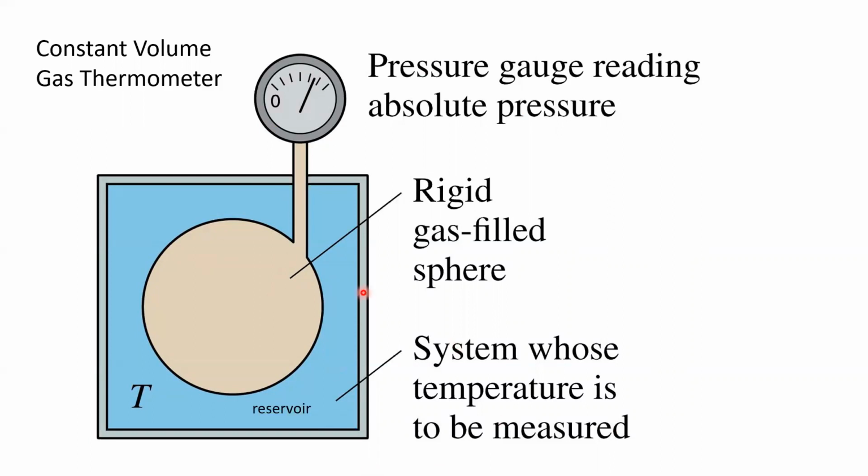And the idea is, because normally when you bring two things into contact, if one is warmer than the other, the hot one will cool, the cool one will warm until they reach an equilibrium temperature in the middle.